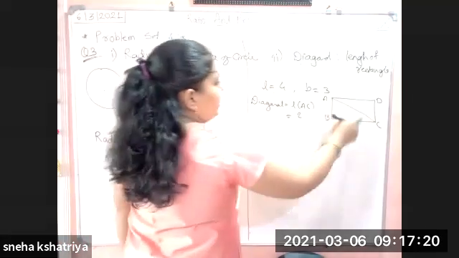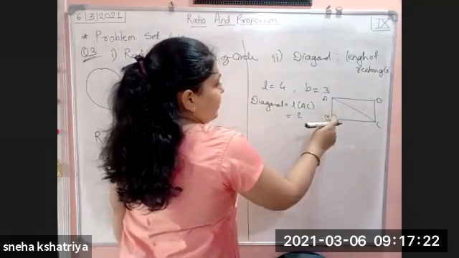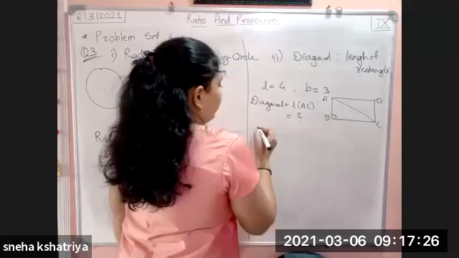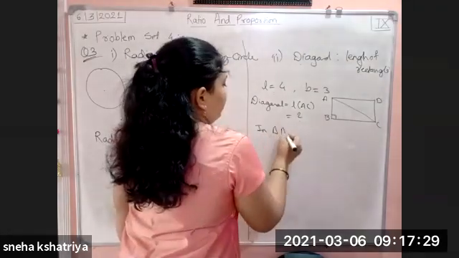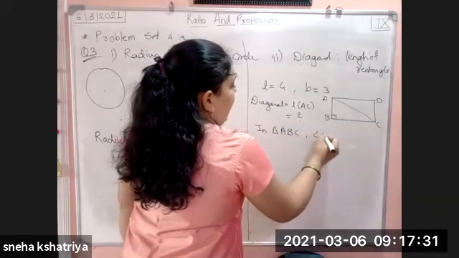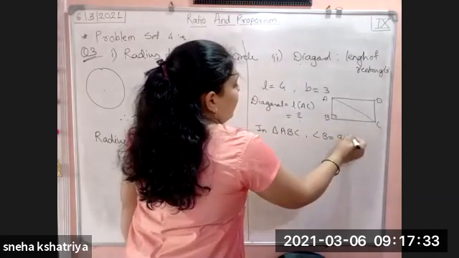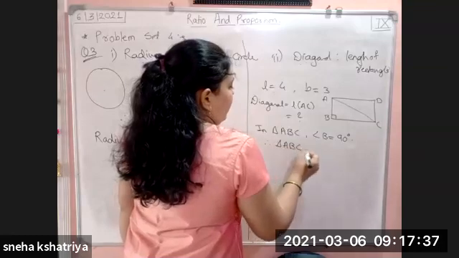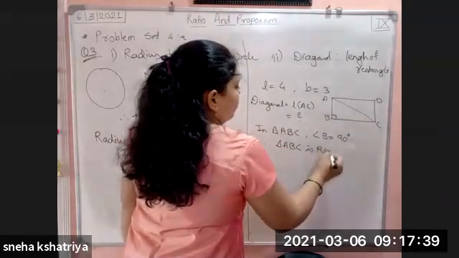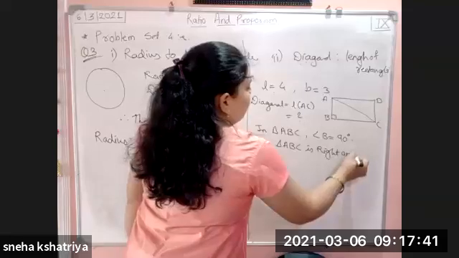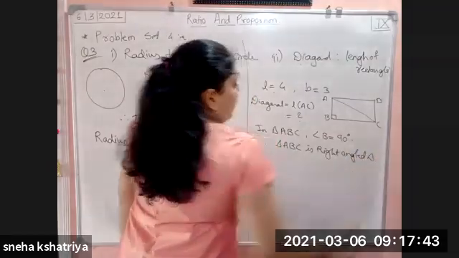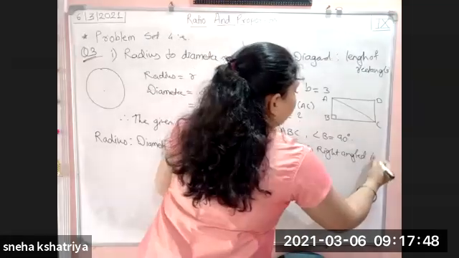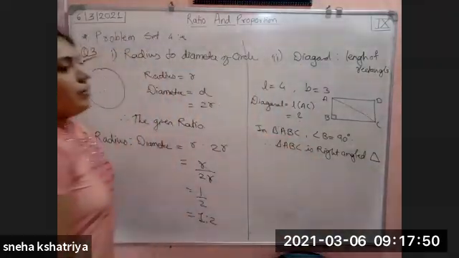So if we consider this triangle, in which angle B is 90 degrees, this becomes a right angle triangle. In triangle ABC, angle B is equal to 90 degrees. Therefore, triangle ABC is a right angle triangle.